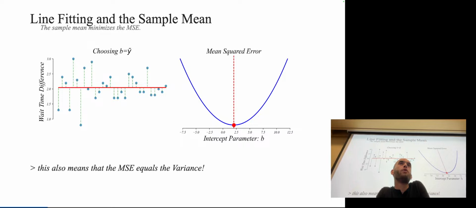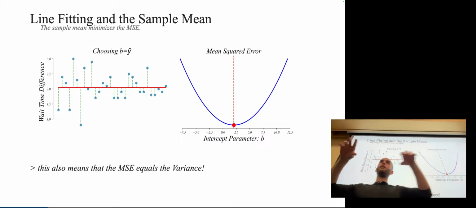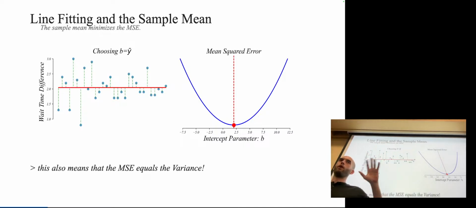So here, you'll remember, this is just a sample. I've just taken a sample of 30 differences in wait times between the morning and afternoon. And you'll remember from sampling error, every time we do this, we get a slightly different sample. So there's variability in the sample itself.